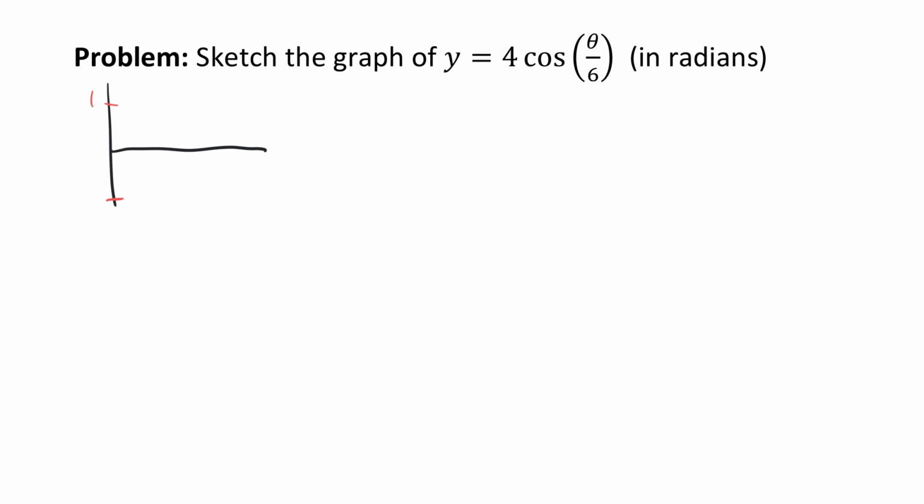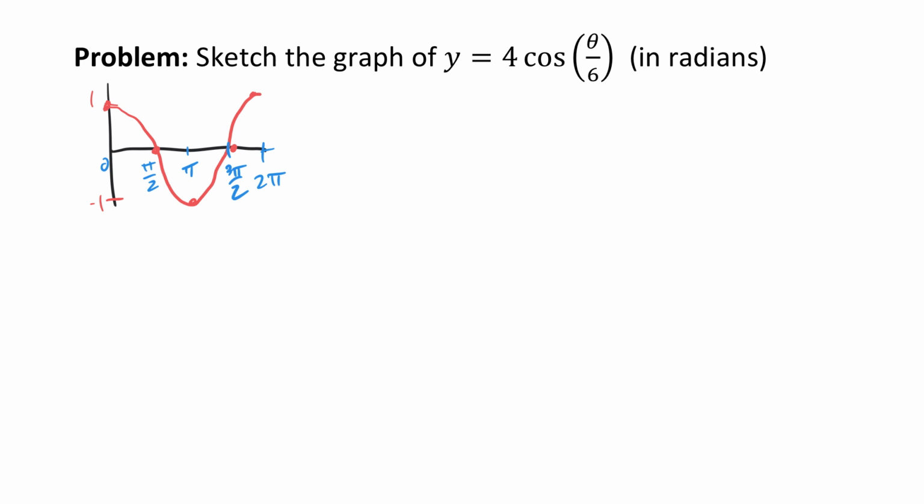We know that for cos, we start up at 1, then we go to 0, -1, 0, and 1, with a nice valley shape like that. And the values, because they're in radians, we know they end at 2 pi. They start at 0, and so it goes 0, pi over 2, pi, 3 pi over 2, and 2 pi.